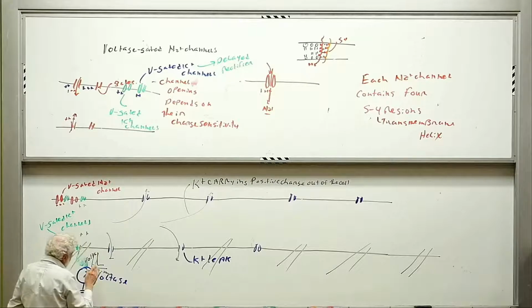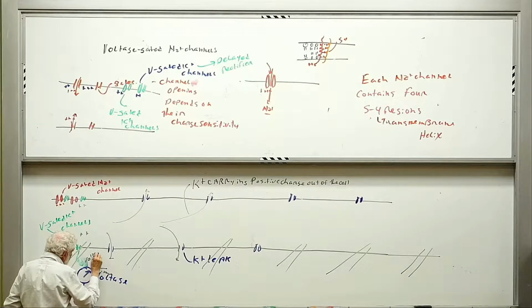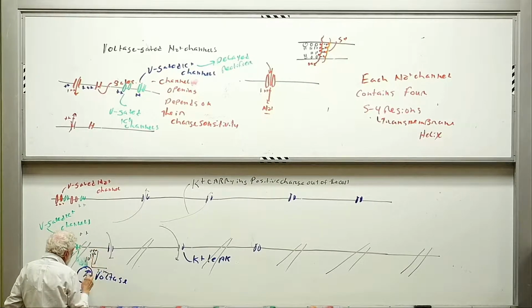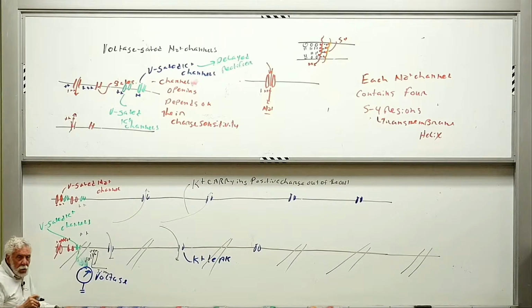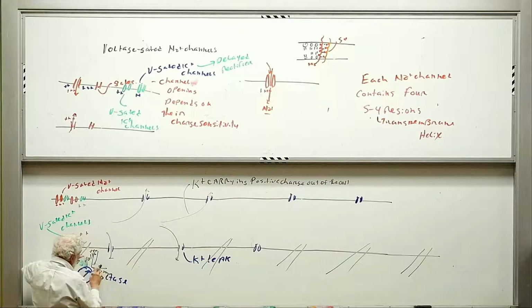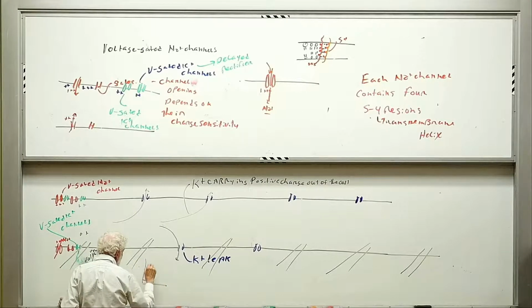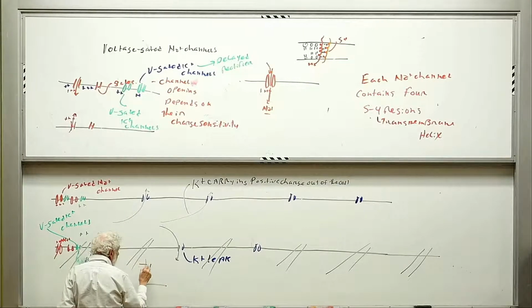Well, what I really should have done to be more accurate about this is not show the repolarization and only show the depolarization up to plus 40, because that's the positive charge. So now we want to ask what happens to this positive charge along the length of the membrane, and the answer is it leaks out. So if we take a measurement here of what this potential looks like, it's going to look a little like this. It's going to go up, rather than plus 40, it may go up to plus 20.